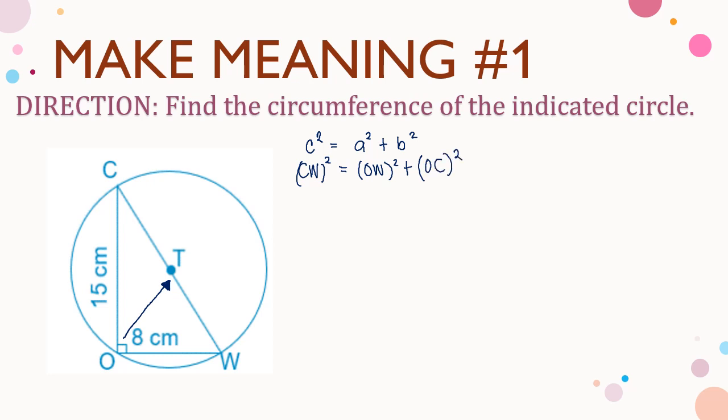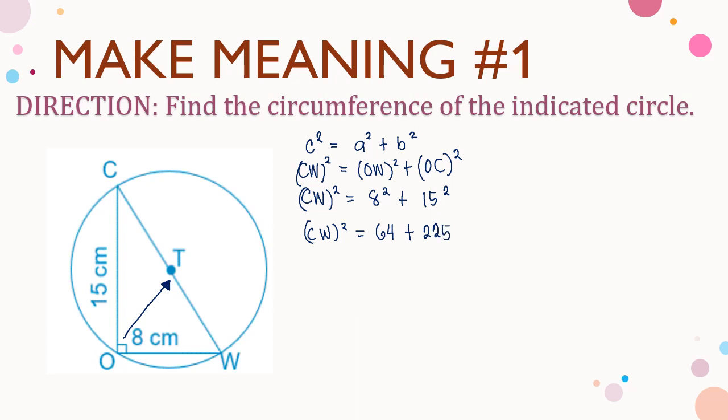Substituting, CW squared is what we're going to look for. Our OW is 8, so 8 squared, and our OC is 15, so 15 squared. Simply copy CW squared. 8 squared is 64, and 15 squared is 225.